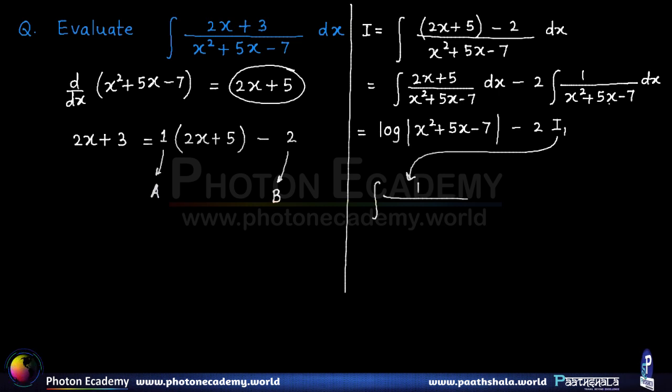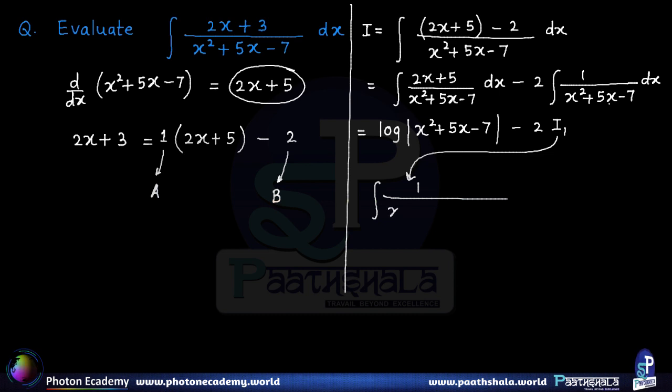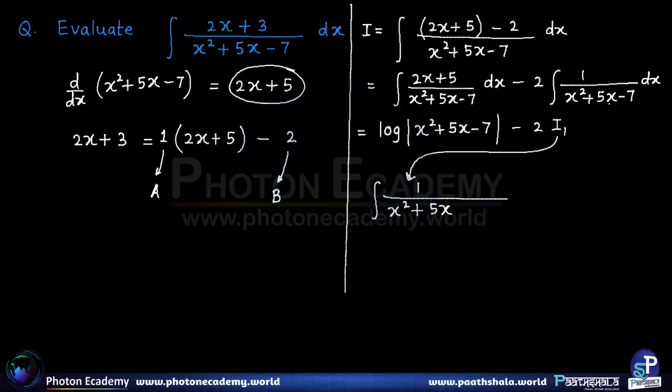So since we have a quadratic, we want to complete the square, so therefore that is x square plus 5x. Now to complete the square, we must divide the middle coefficient, that is 5 by 2, and add and subtract its square, so that is plus or minus 25 by 4, minus 7.